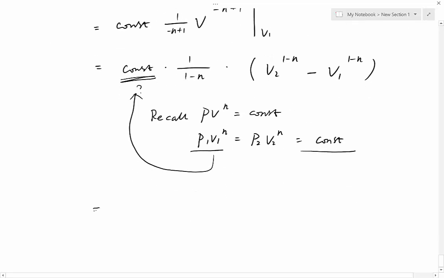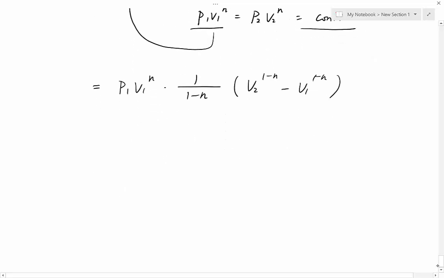Okay, so now let's continue. This becomes P1V1^n multiplied by 1 over 1 minus n multiplied by V2 to the 1 minus n minus V1 to the 1 minus n. Okay, so let's continue with the math. P1V1^n over 1 minus n, combine the first two terms, and copy what is left, V2 to the 1 minus n minus V1 to the 1 minus n.